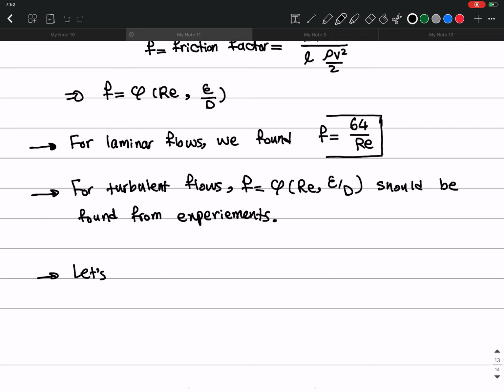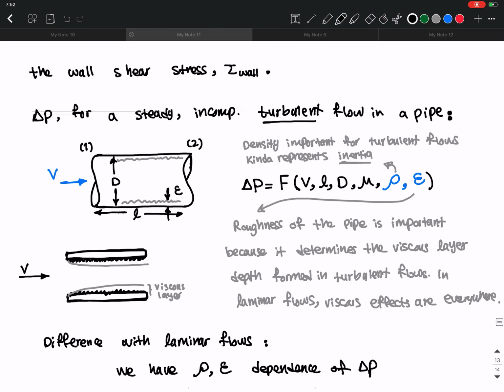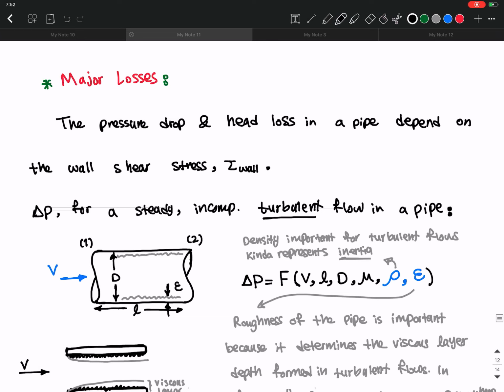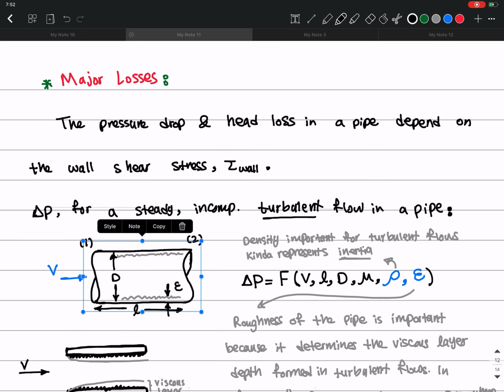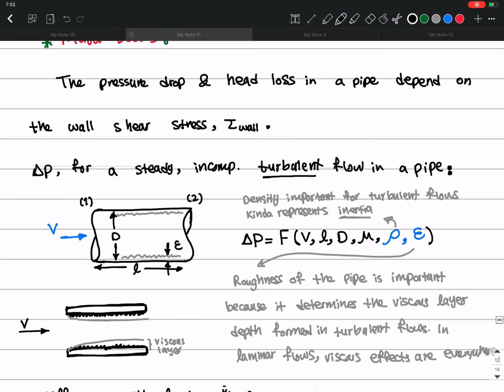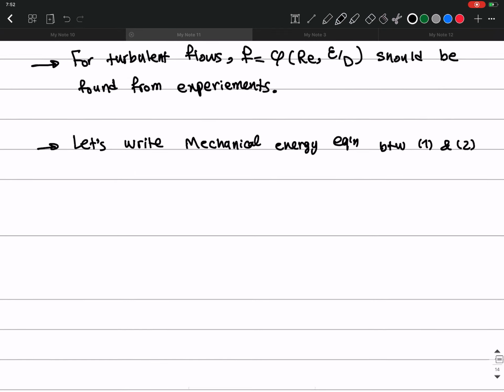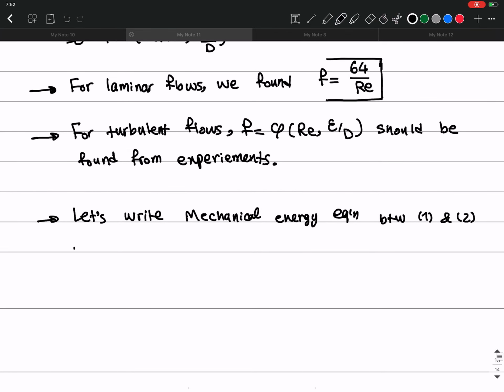So let's write the mechanical energy equation between section 1 and 2. Okay, so as you see, the elevation is the same. So let me just write it down, and then I want to make some assumptions. So P1 over gamma.